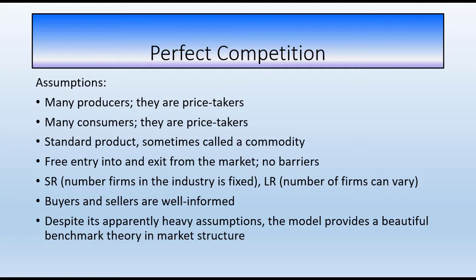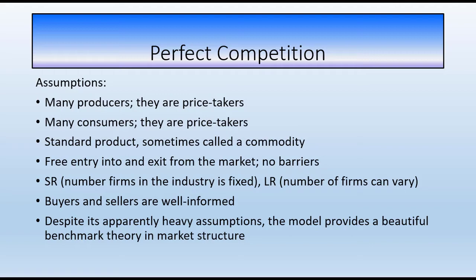We'll also assume that buyers and sellers are well informed, so that there's no asymmetric information between buyers and sellers. Buyers know what prices are and the quality of what they're buying, and the same thing with sellers, who know what they're selling relative to other sellers. Now, this model has heavy assumptions, so much so that there's almost no item in the world that's quite perfect competition.